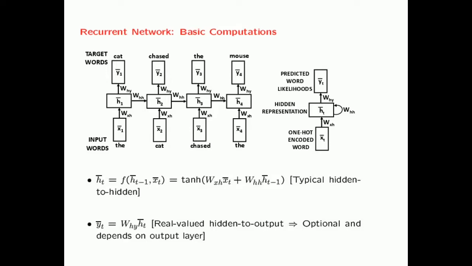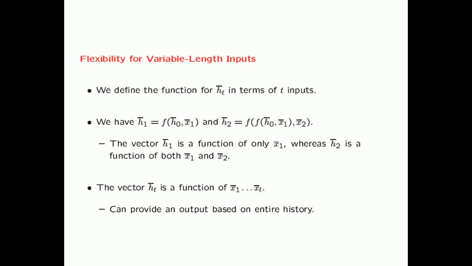This type of architecture gives you flexibility for variable length inputs. The reason is that the hidden state HT is defined in terms of its T inputs. For example, H1 is a function of H0, which is often chosen to be a zero vector, the hidden state at the zeroth time step, and X1.